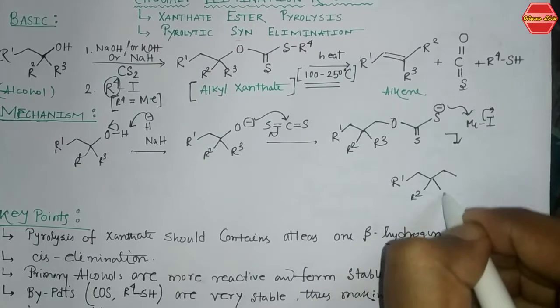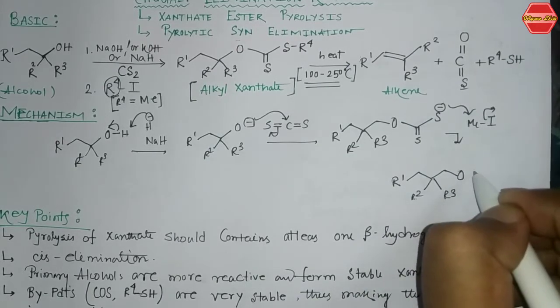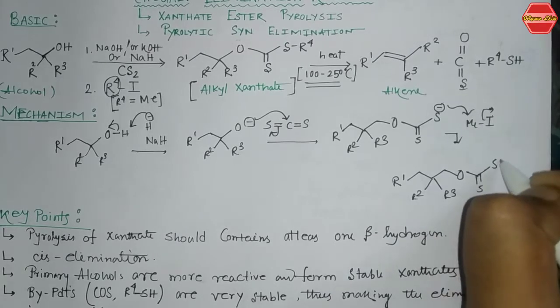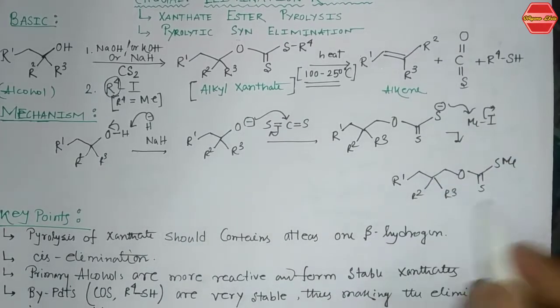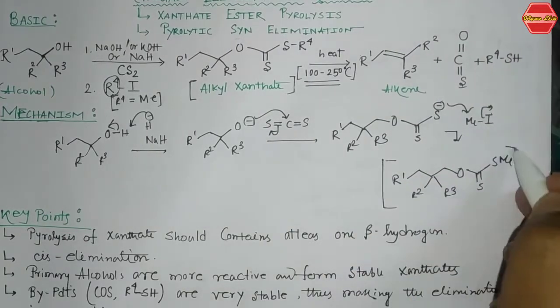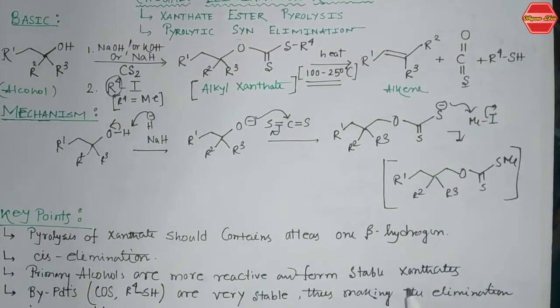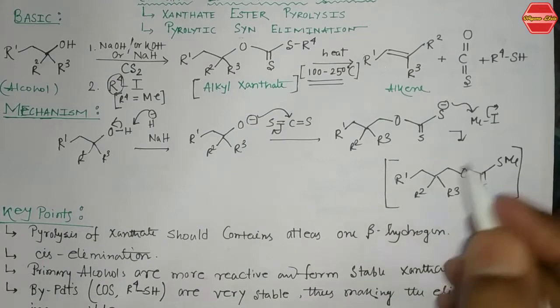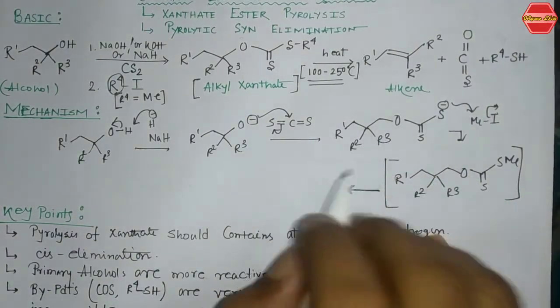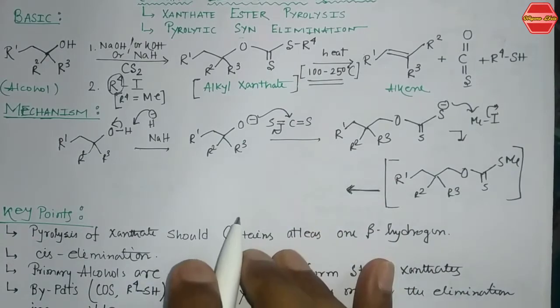This is your R2, R3, oxygen, this is your double bond S, SMe. So this is your alkyl xanthate. Now if you heat this compound, you get an alkene. This is the important reaction, and it is called the Chugaev elimination reaction or pyrolytic syn elimination.